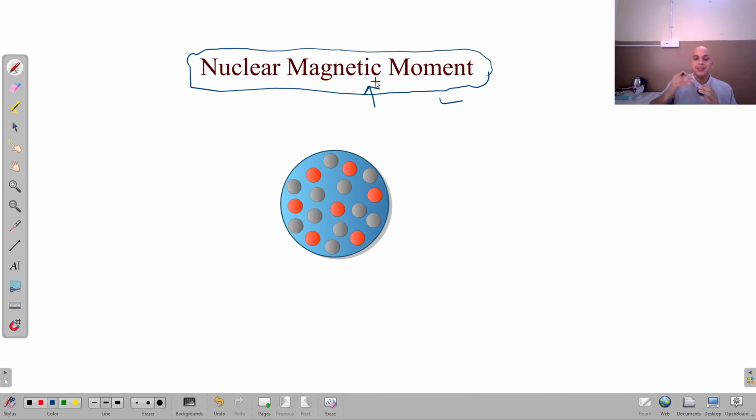Both these moments tell us about the degree of either magnetization or electrification of a material or a particle. The magnetic moment will tell us up to what degree a material is magnetized, I mean, what is the strength of the magnetic field of that material.